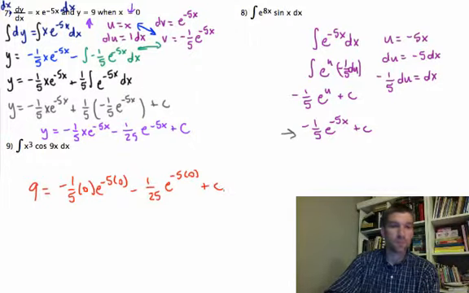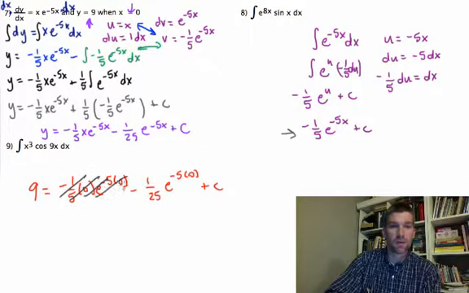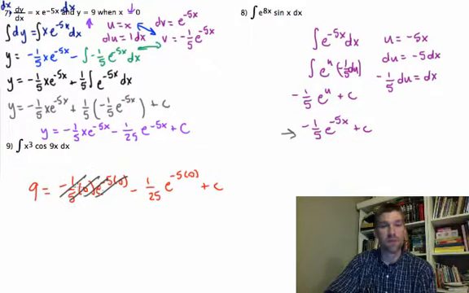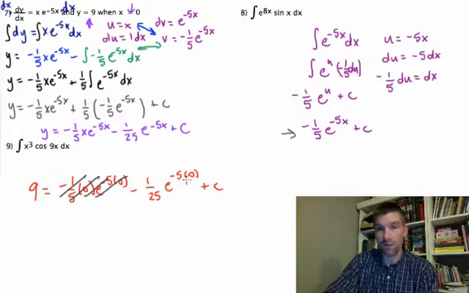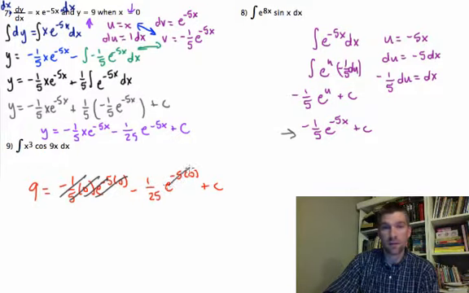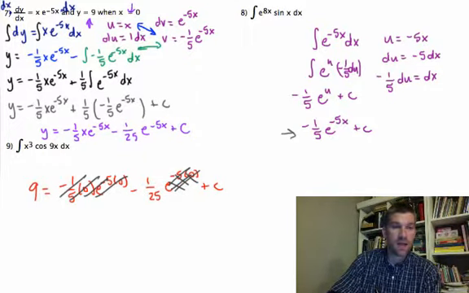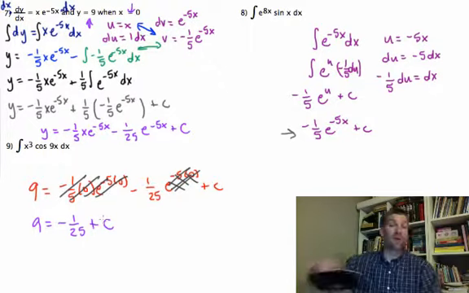This term goes away because you get 0 times all those numbers, and e to the negative 5 times 0 is 1. So we're just left with 9 equals negative 1/25 plus c. So you're going to add 1/25 to both sides.